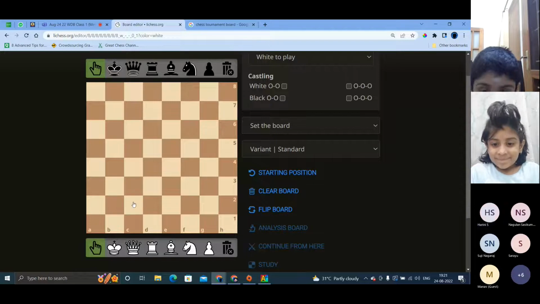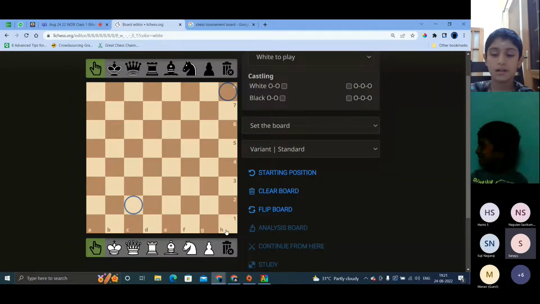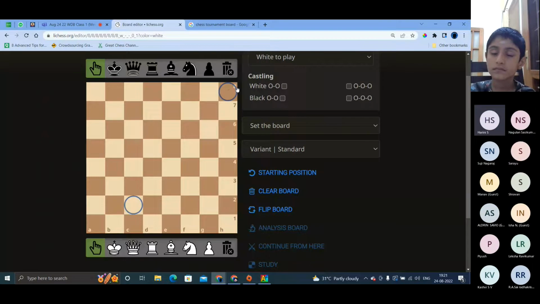Sarayu, which square is this? C2, ma'am. Very good. And this square? 8H, ma'am. H. And then what is the number here? H8. H8. Very good.